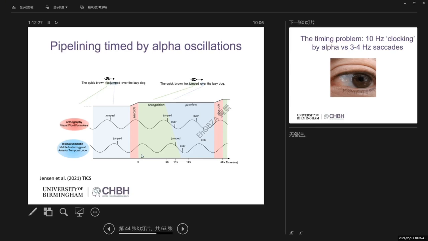That being said, this sustained alpha lateralization could be important for visual exploration and reading, in the sense that the alpha oscillations are sustained and shifting attention to the right. But I really think it's the phase and modulation of the oscillations that we need to focus on.